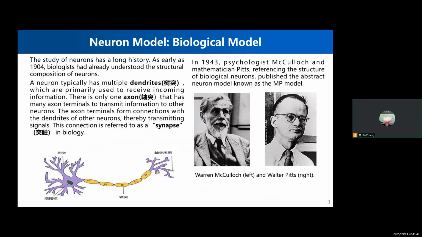There is only one axon that has many axon terminals to transmit information to other neurons. The axon terminals form connections with the dendrites of other neurons, thereby transmitting signals. The connection is referred to as a synapse in biology.